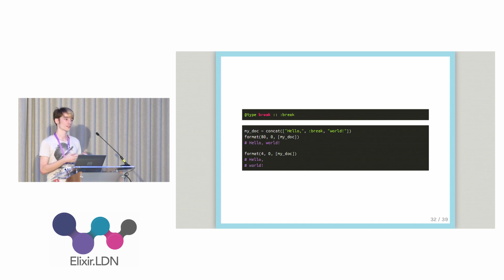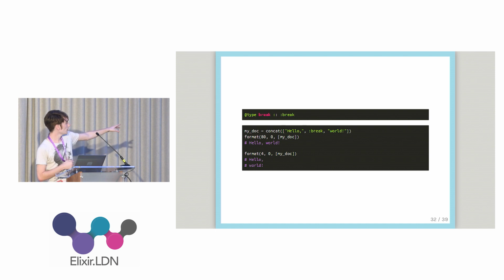And the way it works is that when it's printed, the format function calls the fits function, and says, this next chunk of algebra, will it fit on a single line? So with that list earlier, can I fit this entire list on one line? If the answer is yes, cool, every single one of these breaks is going to be a space. So it'd be like item space, item space, item space. If it doesn't fit, we're going to put all the breaks in as new lines, and then we have a flat document, and so it fits in the space we've allowed it.